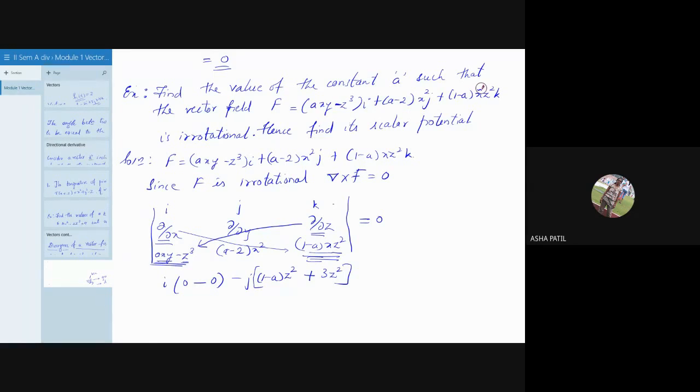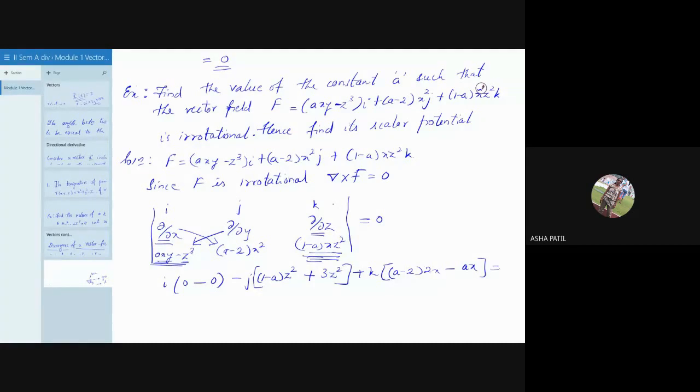Now lastly, plus k, dou by dou x of this: a minus 2, derivative of x square is 2x, minus dou by dou y of this term, ax constant, derivative of y is 1.